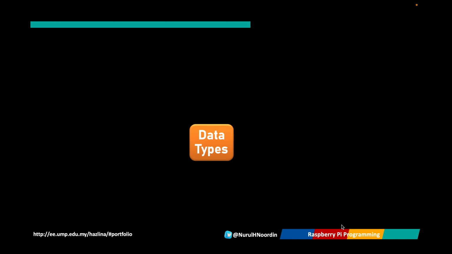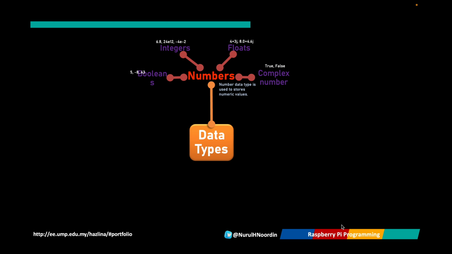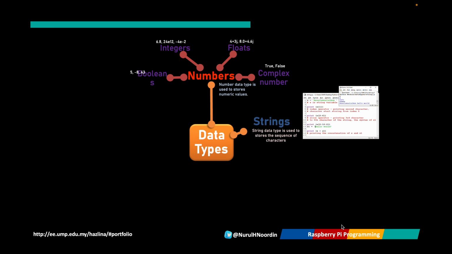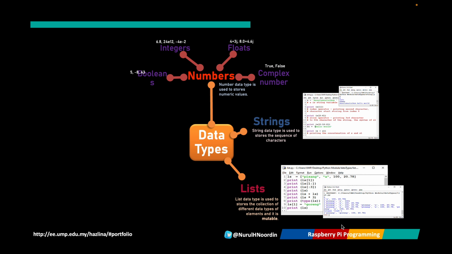To build our game, we need to understand how Python handles different types of data. Let's go through the most important data types you'll use in this course. The numbers. Python supports integers such as 10, -5, 100, and floating point numbers. An example is when you declare player score at the beginning equals to 0. Secondly is the strings. Strings store text. In Python, we write them inside single or double quotes. Next is the list. Lists are used to store multiple values in a single variable.